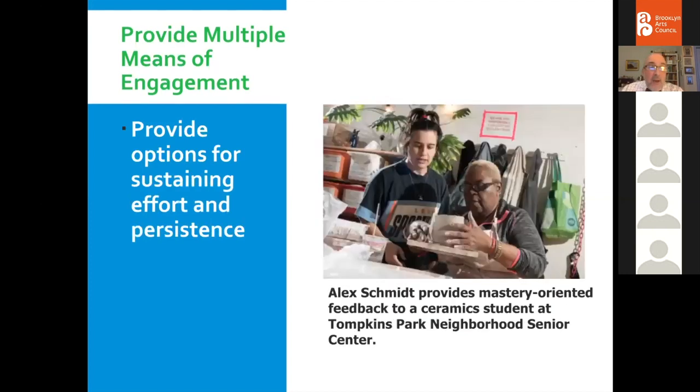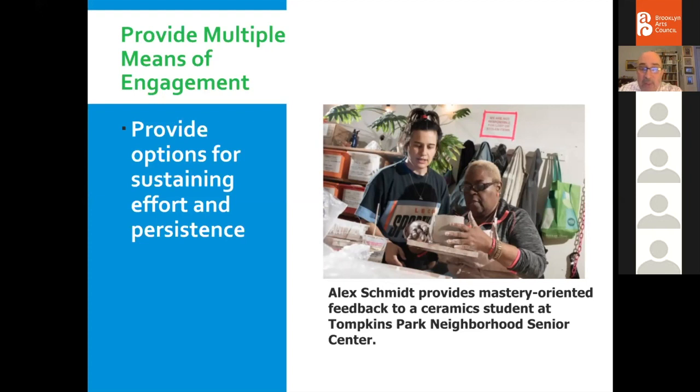The next guideline under engagement is provide options for sustaining effort and persistence. This is really important in all of the arts. We have it in the performing arts, where you have to try and rehearse again and again. But it refers also to varying the demands and resources and optimizing challenges.